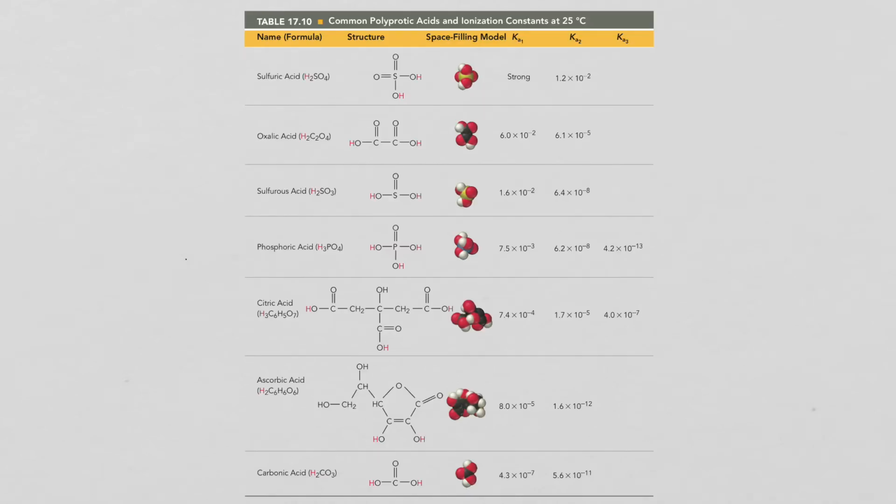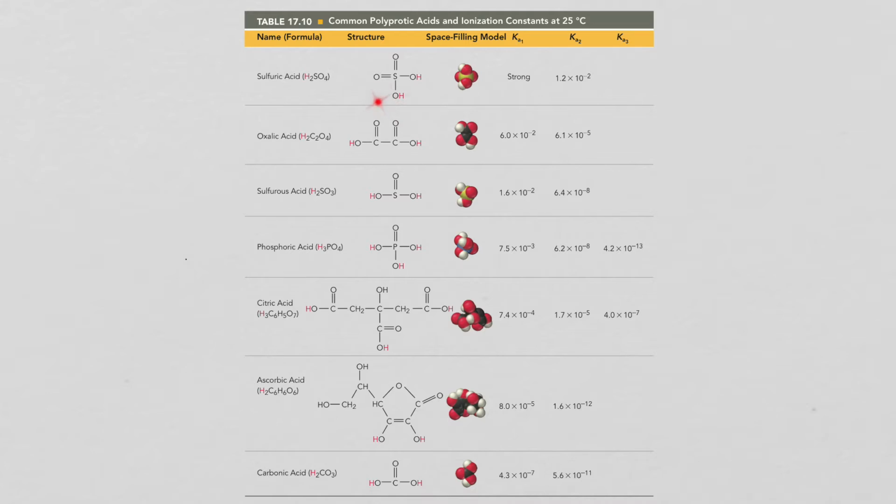So let's take a look at some polyprotic acids. Here we have sulfuric acid, and you can see that there are two acidic protons, and they are equivalent to each other. Each proton is bound to an oxygen.